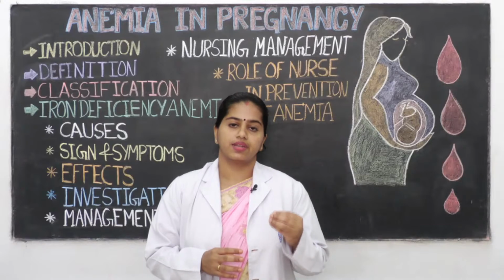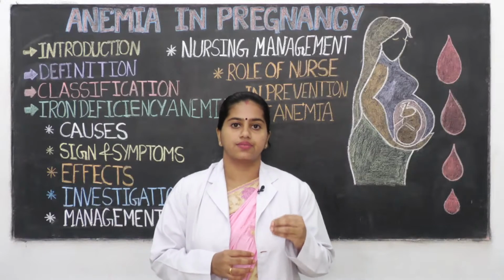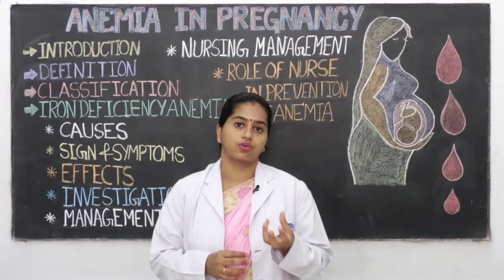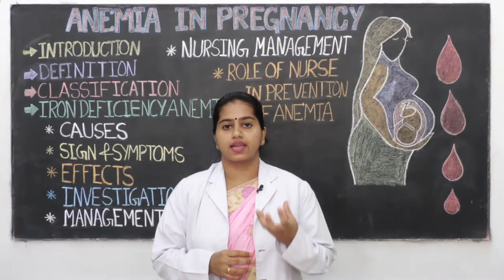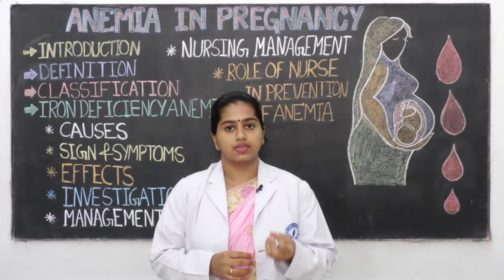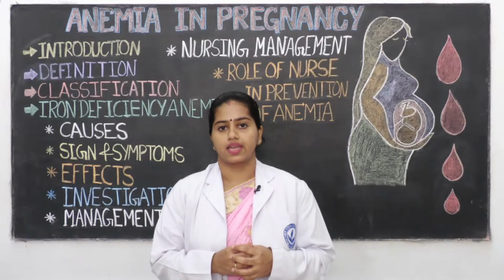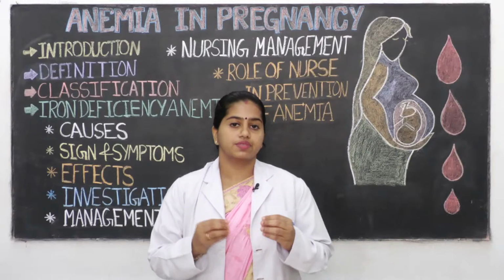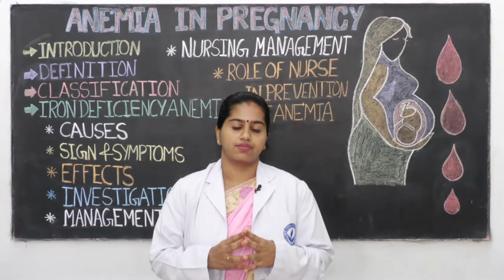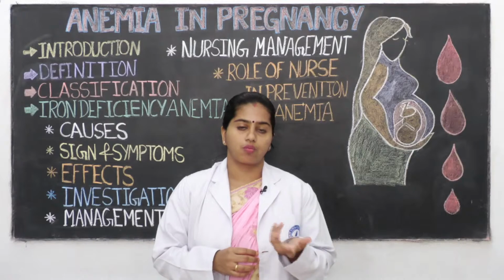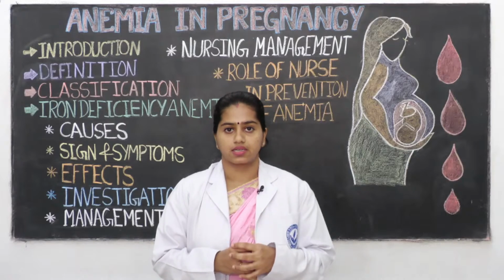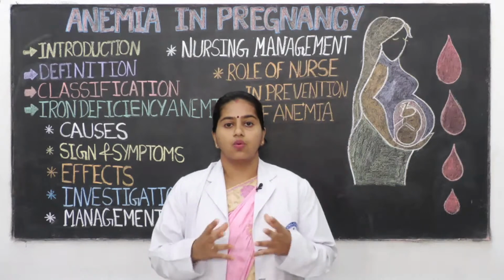So whenever the mother is taking iron, citric fruits or foods, like lemon or orange, are helpful for the absorption of iron from the intestine. But phytates present in wheat, or tea, if they take a lot of tea immediately after dietary iron, what happens?